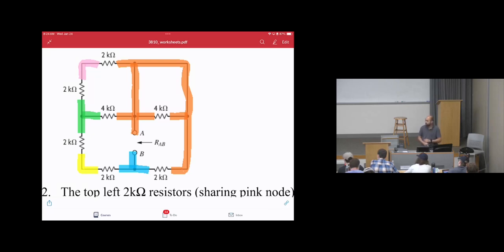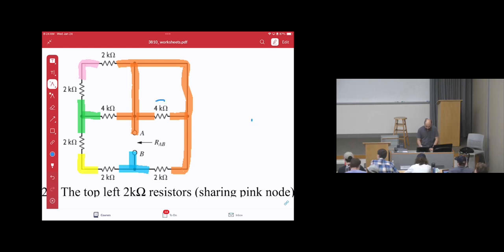Then by making some observations, you will see that the 4 kilo ohms is between the orange node and the orange node, which means the same node at both ends. Same node at both ends, this is the definition of a short circuit.